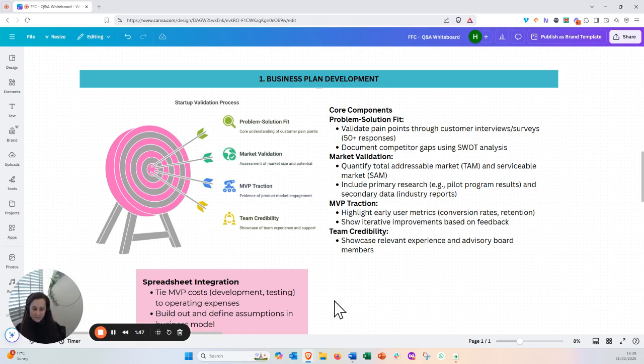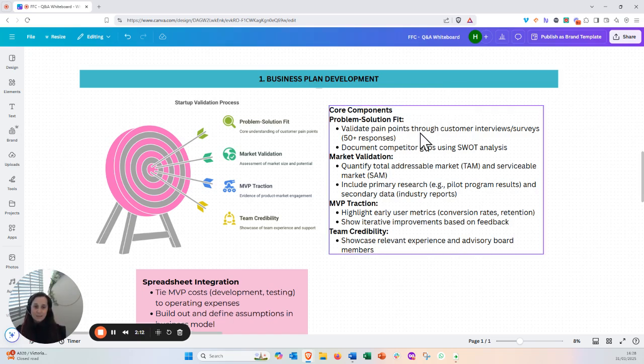It's no longer about spending months building something and then launching, because ultimately you'll launch to crickets. What you really need to do is validate and build and test and iterate as you go through that entire process. So first of all, it starts with identifying what your problem and solution is, and then making sure that that's the right fit.